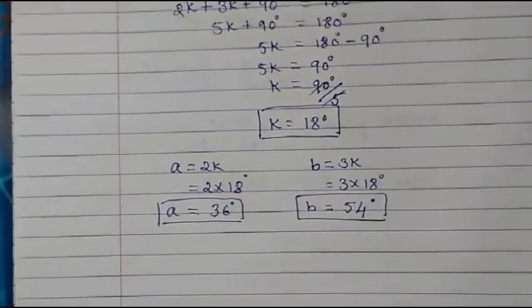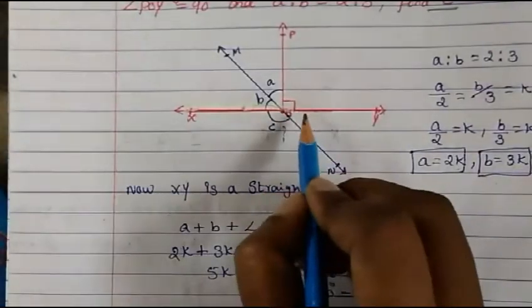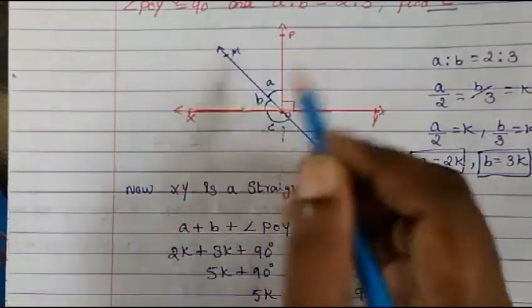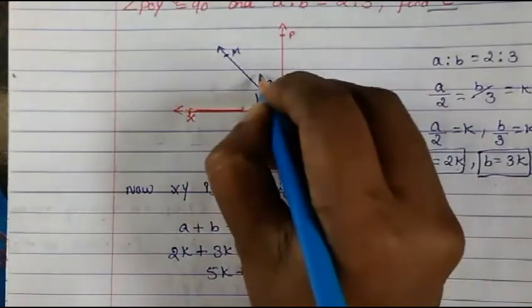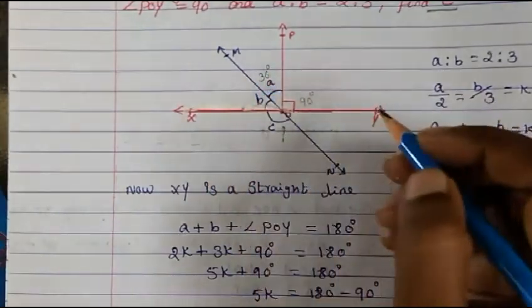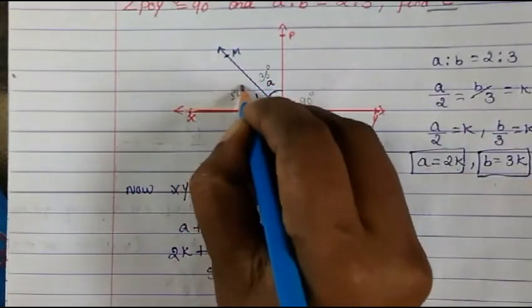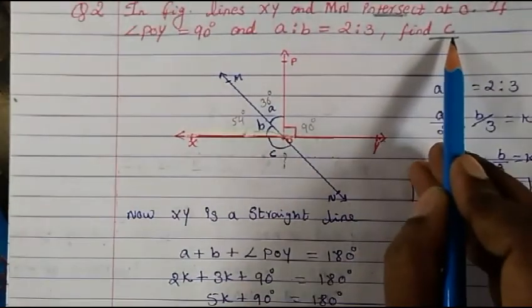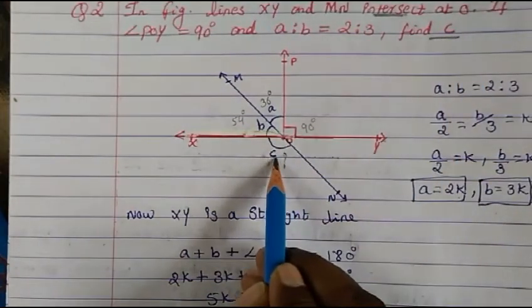So let's write down. This is 90, given to us in the question. The a value we found is 36 degrees. The b value we found is 54 degrees. Now what we have to find out is c.